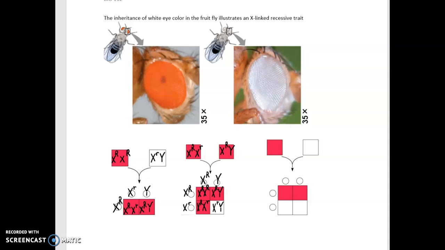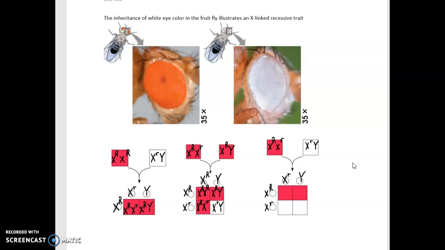If we further breed one of our heterozygote females with a white-eyed male, the male will produce an X with a recessive and a Y with no gene. The female will produce some with the dominant red eyes and some with the recessive white eyes.